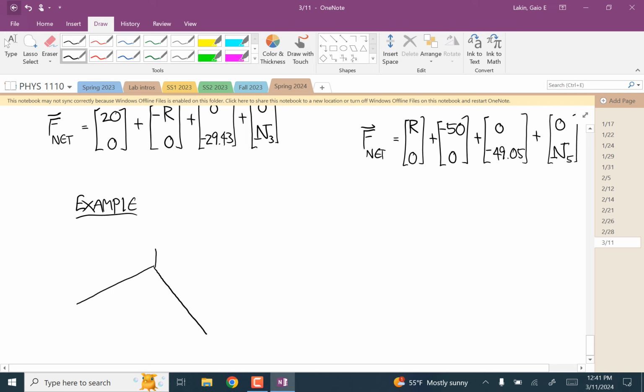And there's a pulley in the middle. And on this side, there's a box with friction. And on this side, there's a cart.